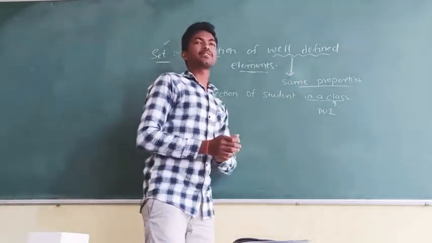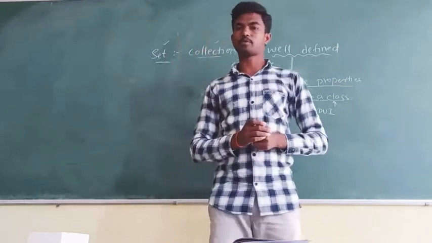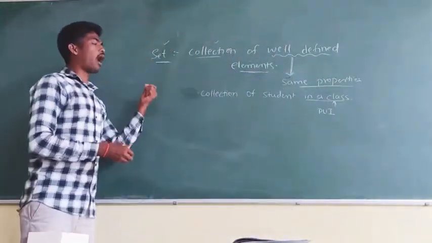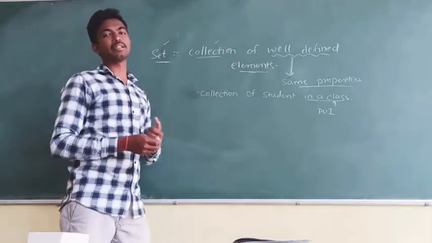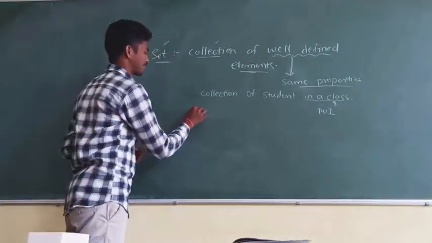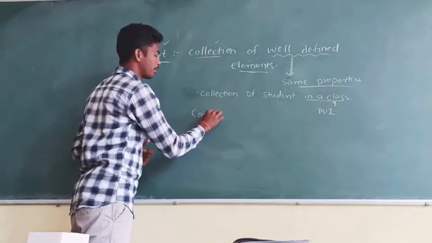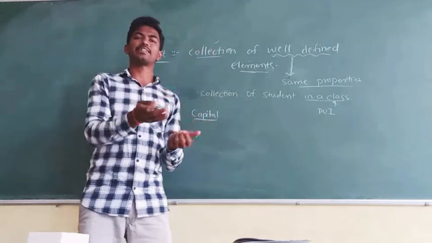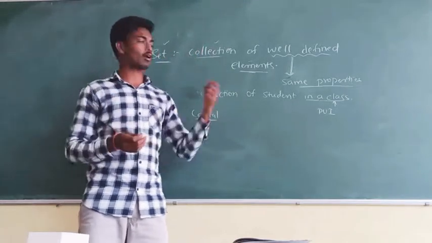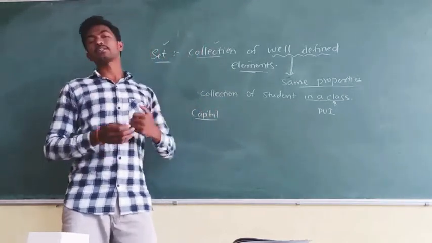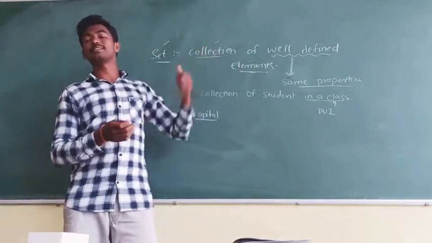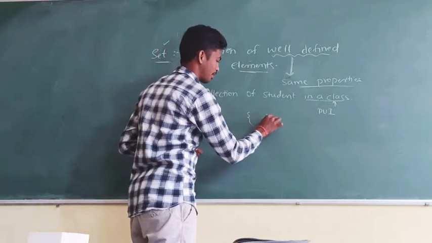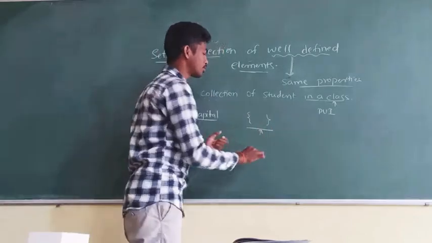Here, for writing a set, we have some common rules. Always we need to represent a set by capital letters, like A, B, C and X and so on. And the collection of elements in a set will be written within curly braces, opening and closing.